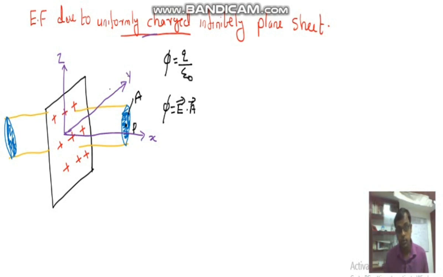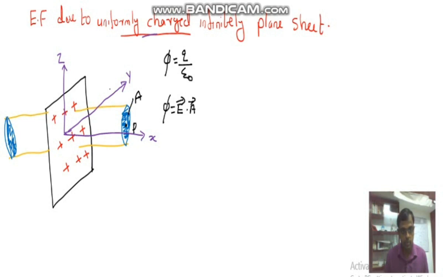Gauss's theorem is applicable for a closed surface. So we should consider a Gaussian surface. Including this point P, I have taken a small shaded area.